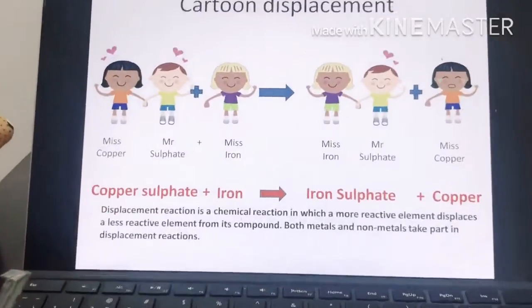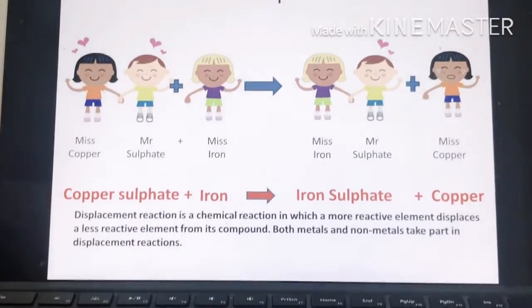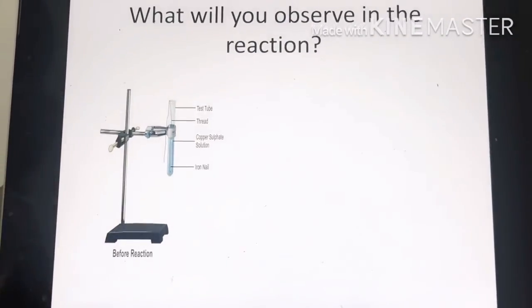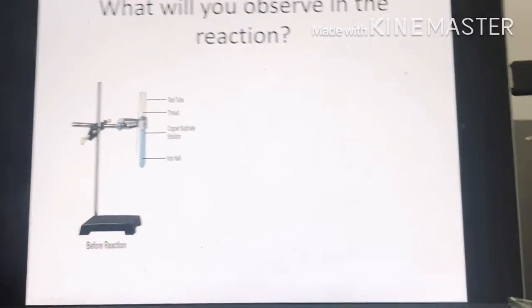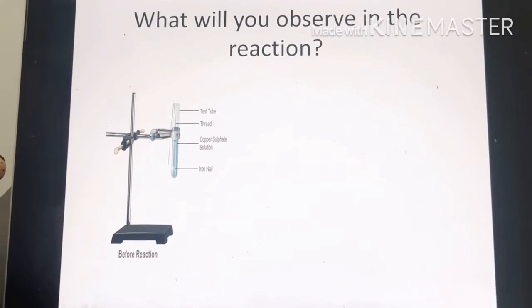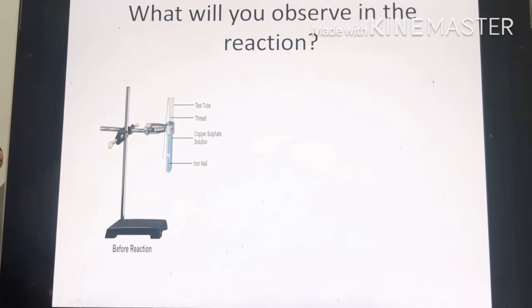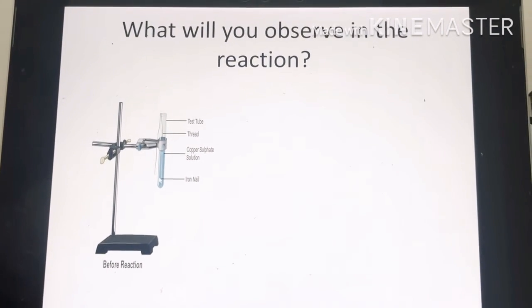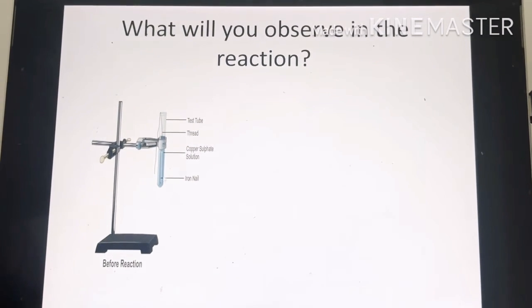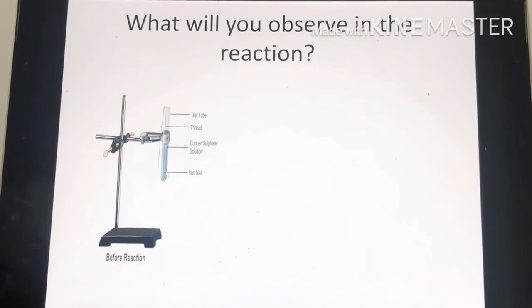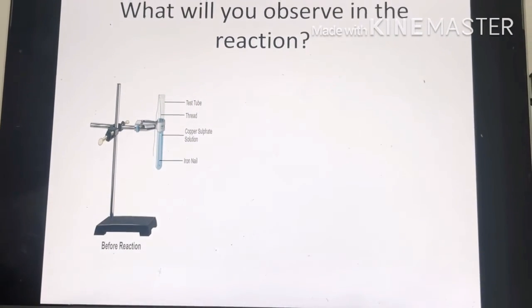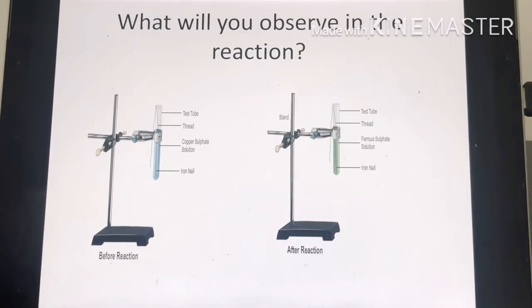But what will you observe when you have taken copper sulfate solution in this reaction? What did you observe? So we can see here, if you have taken the copper sulfate solution and you put iron nail in that, the color of solution before adding the iron nail is blue, and if you leave the solution for some time after adding iron nail, you can see the green color.